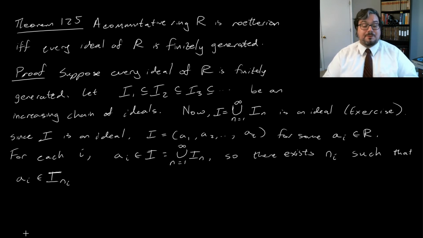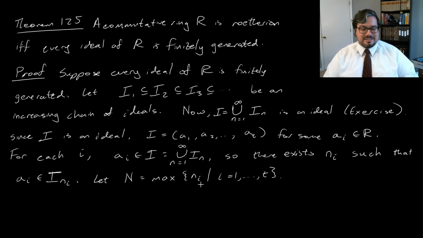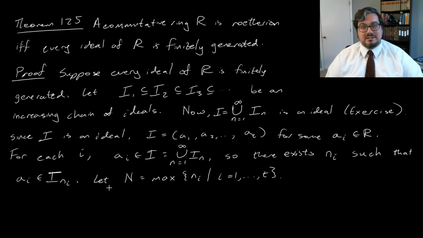And we can do this for each one of the generators of I. So now let capital N be the maximum of the Ni's for little i going from 1 to T. We're going to claim that this is the moment when the ideal stabilizes.